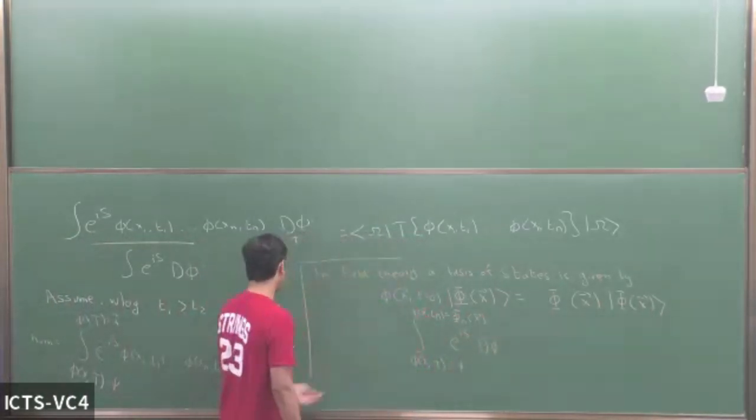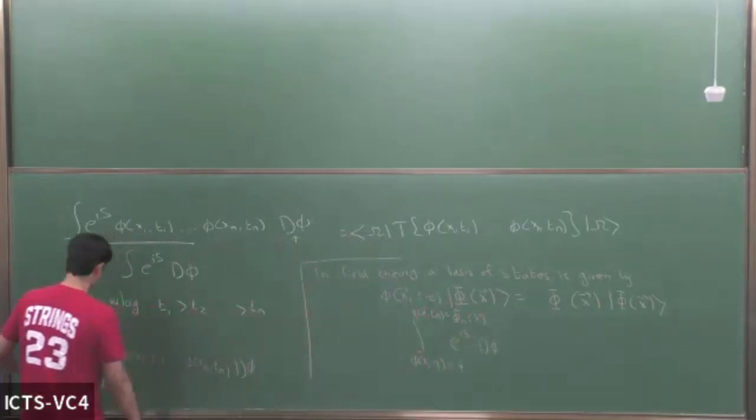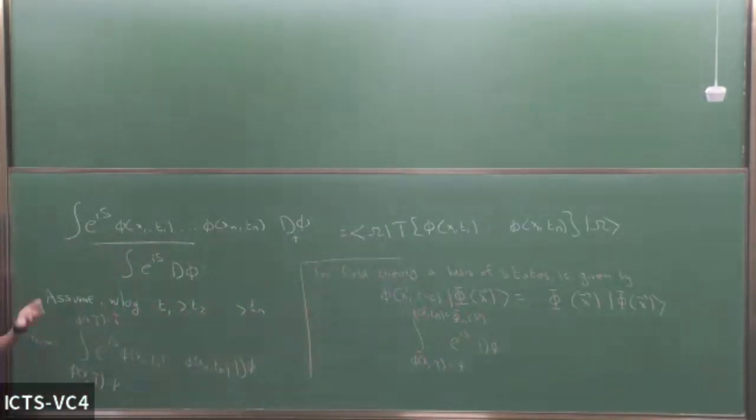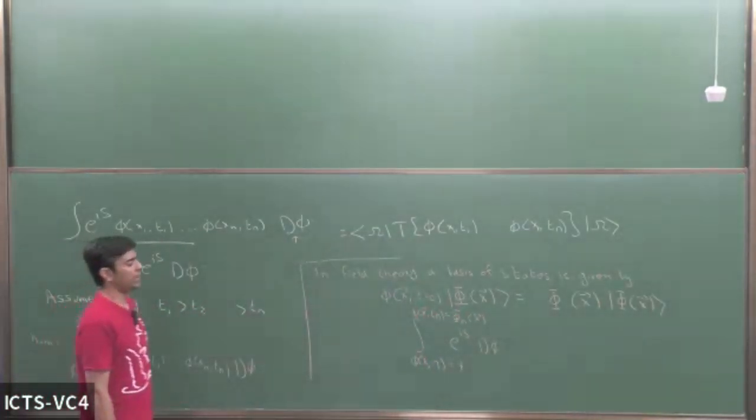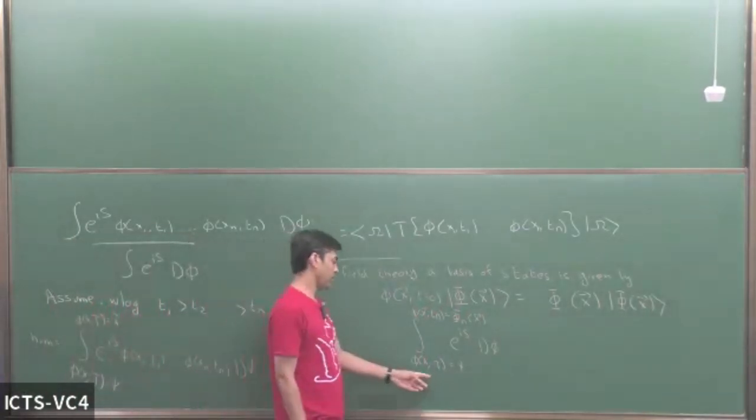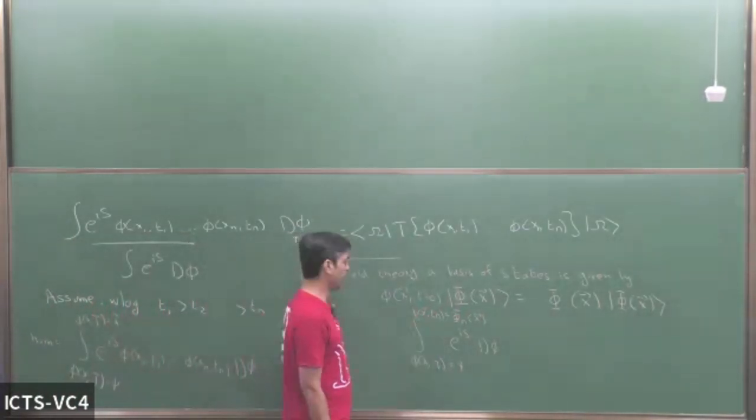Then, remember, what is this integral doing? This integral is telling you that you need to integrate over all configurations in space-time. So I can break it up into integrals that integrate from minus t to this tn.